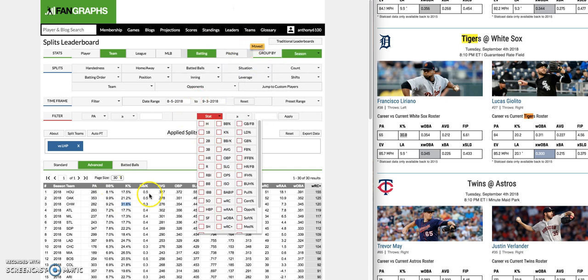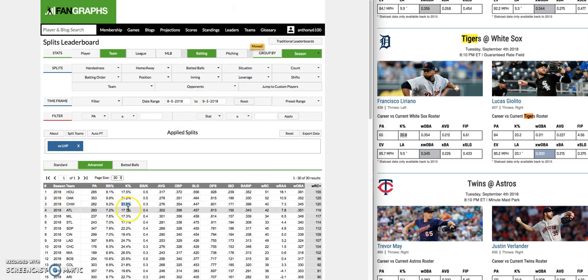The White Sox in the last 30 days against left-handed pitchers are striking out at 32%. They're the third best team in the last 30 days in terms of wRC+. Can he get hits? Yeah, for sure. But this becomes a little bit more interesting.